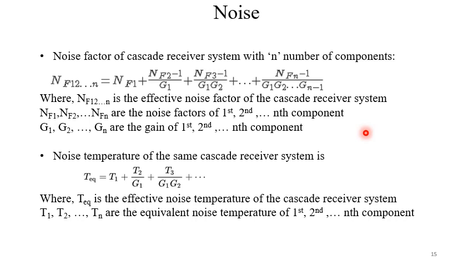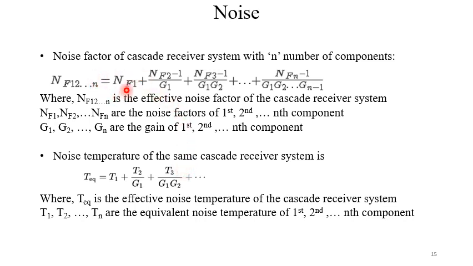Similarly, the noise temperature of the same cascade receiver can be written as T equivalent, TEQ, equal to T1 plus T2 by G1 plus T3 by G1 G2 and so on, where T equivalent is the effective noise temperature of the cascade system, and T1, T2, T3 are the equivalent noise temperatures of the first, second and all the other components respectively.